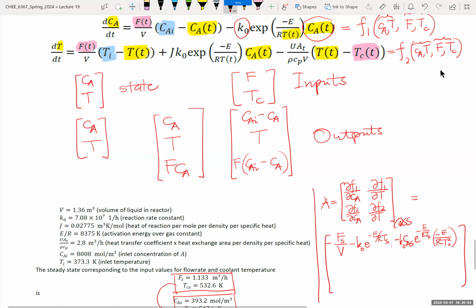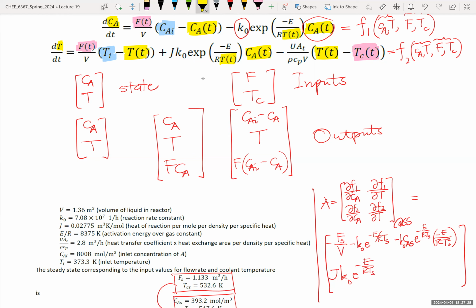Second expression here, taking derivative again with respect to CA, so that's easy. That's the only place where you have CA, so you have J, K0 e to the minus E over RTS. And the last one, what is the last one? Partial of F2 with respect to T, where is T here? This is one T and this is another T. I forgot to highlight it.